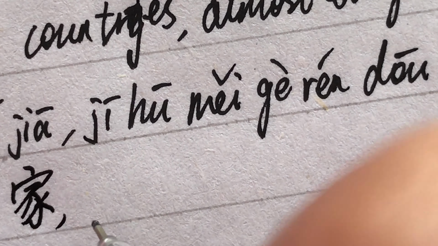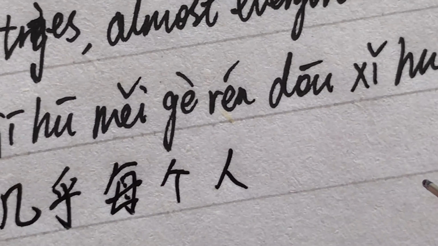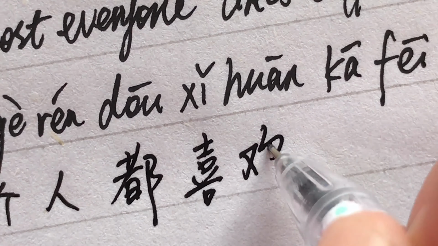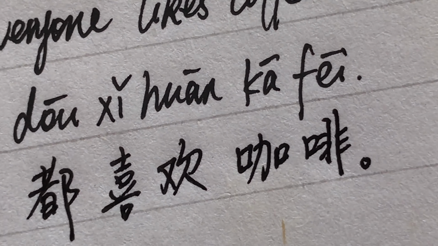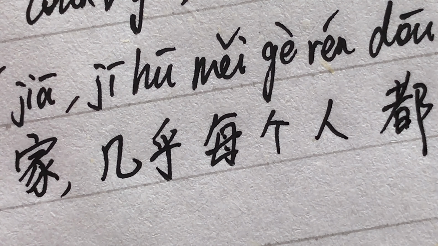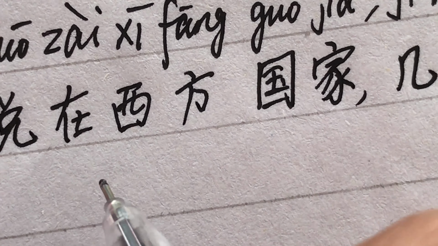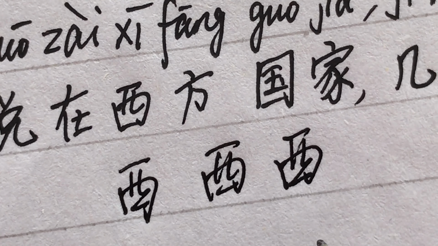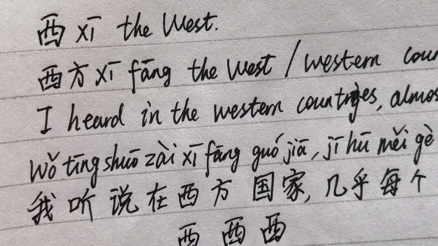Almost everyone, 几乎每个人，每个人都喜欢咖啡。I heard in the Western countries, almost everyone likes coffee. 我听说在西方国家，几乎每个人都喜欢咖啡。My casual handwriting on 西。西 the West, 西方 the West, Western countries.